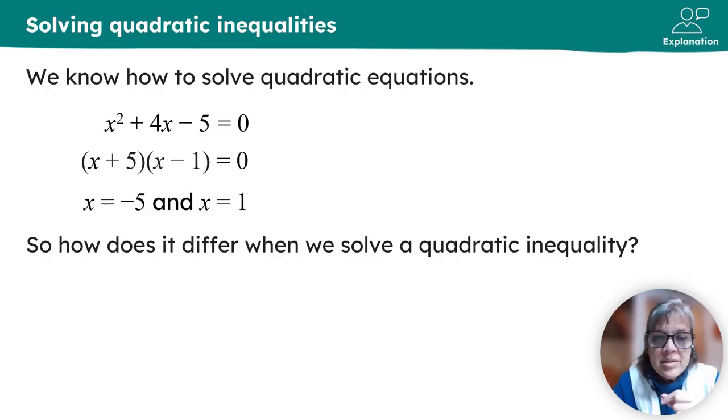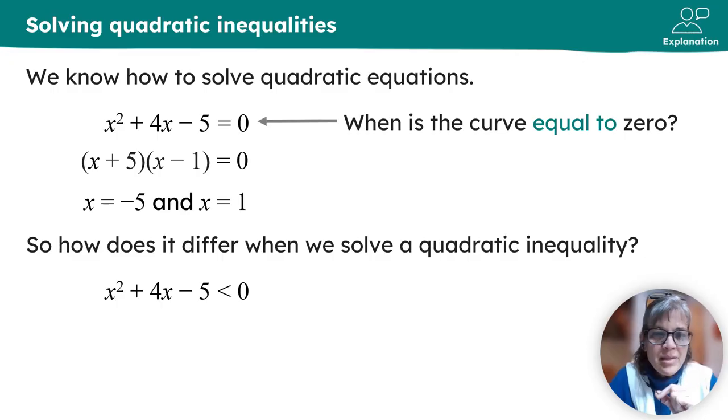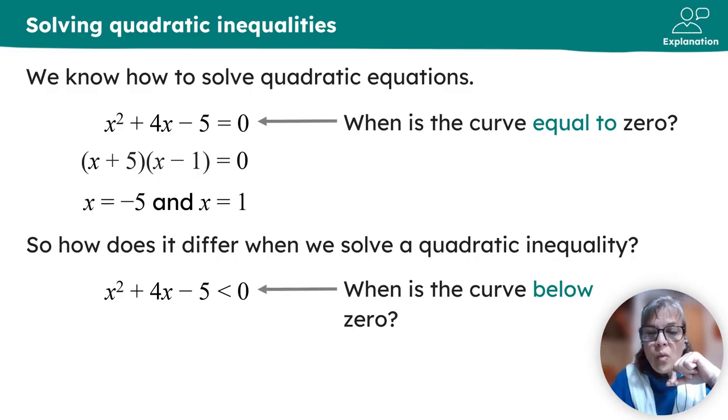So how does this differ when we have an inequality? How do we do this algebraically? The main thing to keep in mind is that this is asking when is the curve equal to 0, but the inequality is asking when is the curve below 0? When is this whole line below the 0, y equals 0 mark?